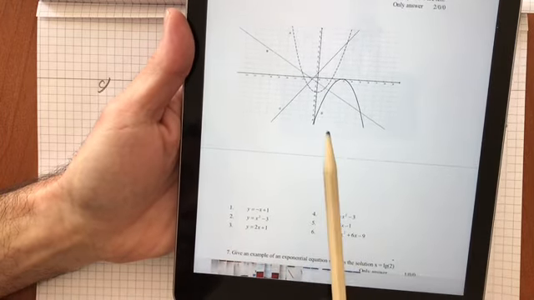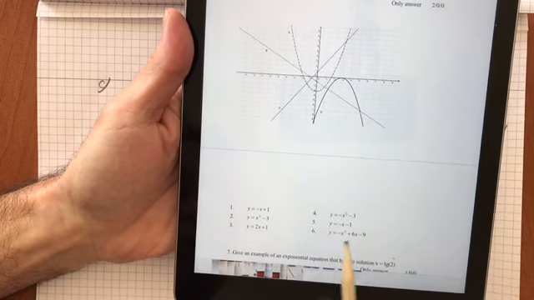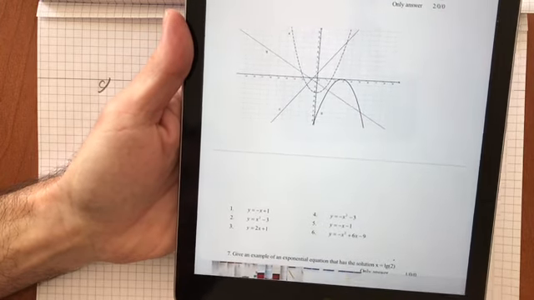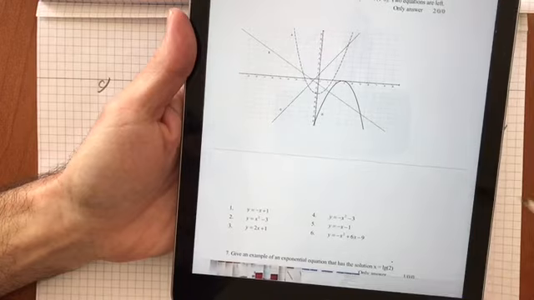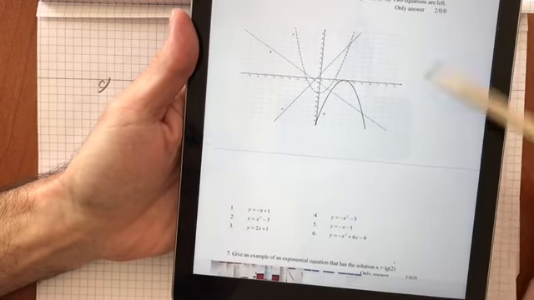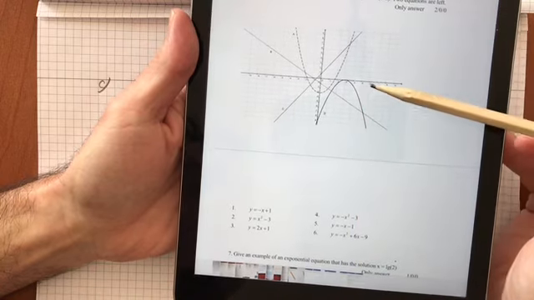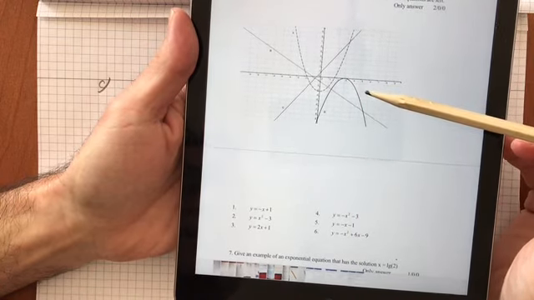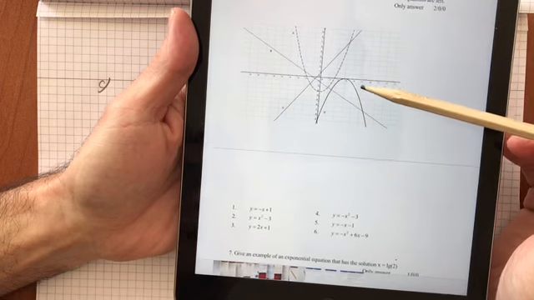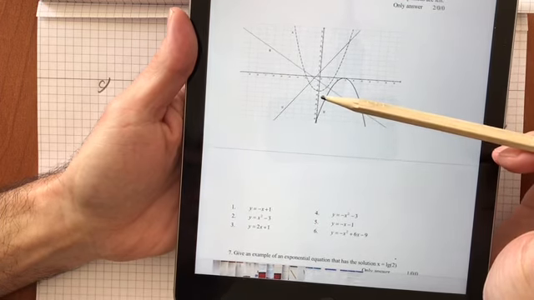And D has to be this one by arguing for all the others. You can test it like this as well. If we choose a value on x, like 5, then we can see that for this function the y value has to be -4.